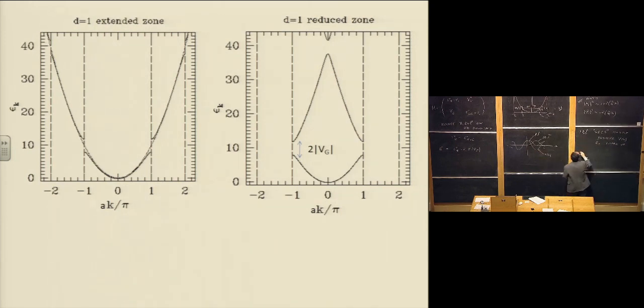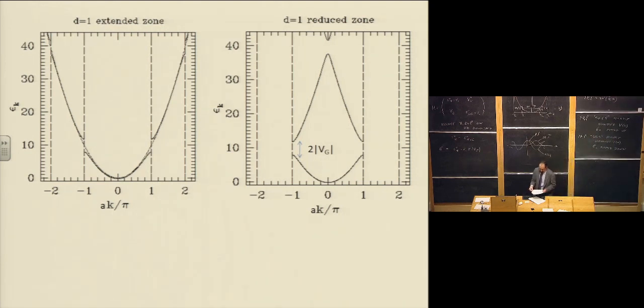Whereas in comparison, psi minus squared sees mostly negative V of x, because psi minus is large where V of x happens to be negative. And so E minus is pushed down in energy.